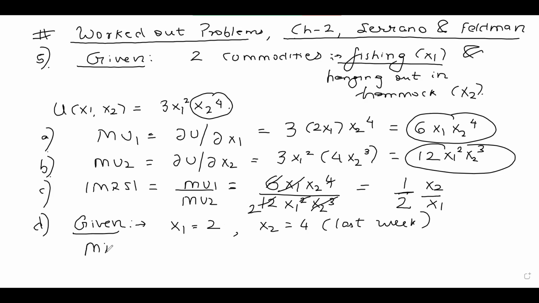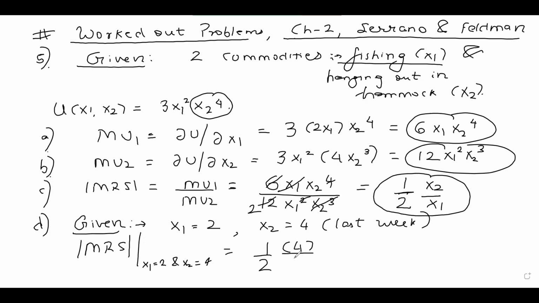What is my absolute value of the MRS at x1 equal to 2 and x2 equal to 4? In the general equation of MRS, just put x2 as 4 and x1 as 2. I get my answer as 4 by 4, which is 1.